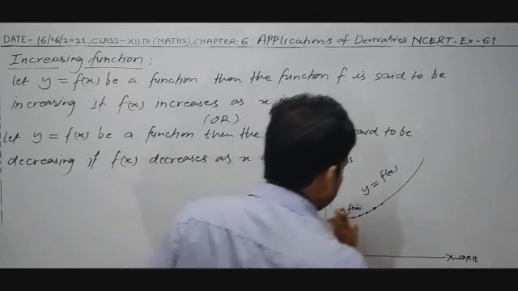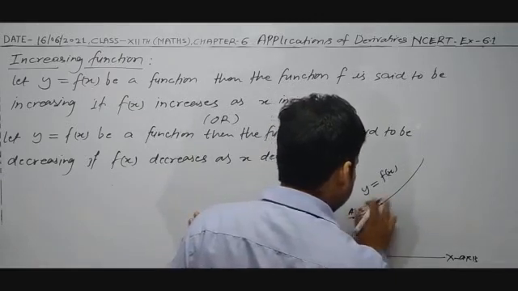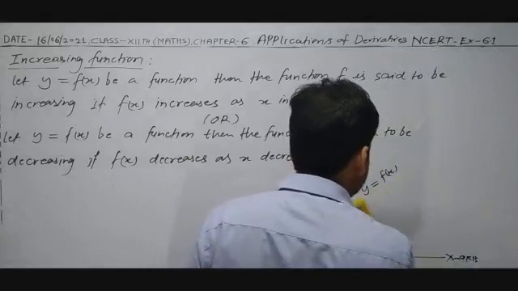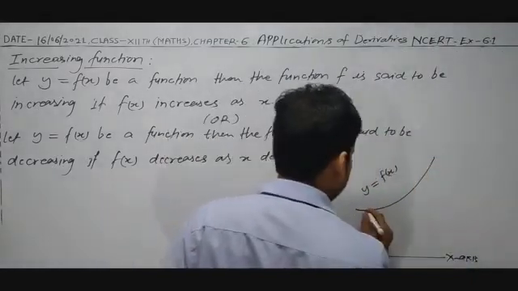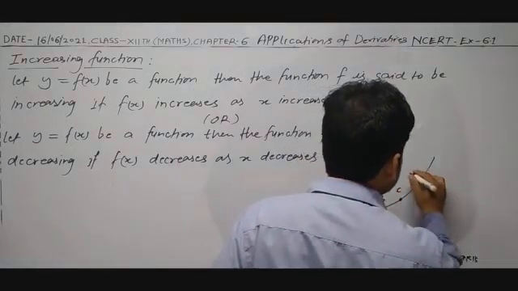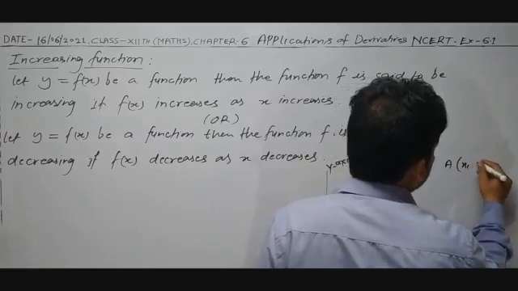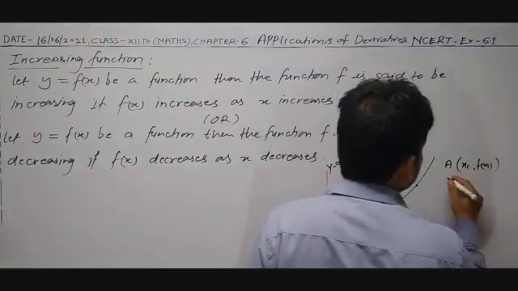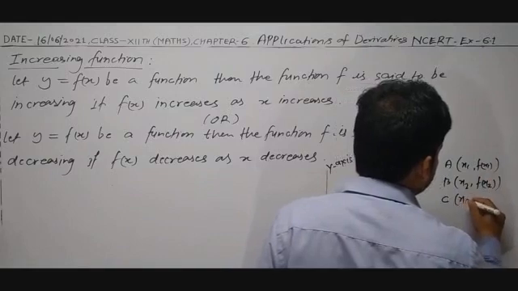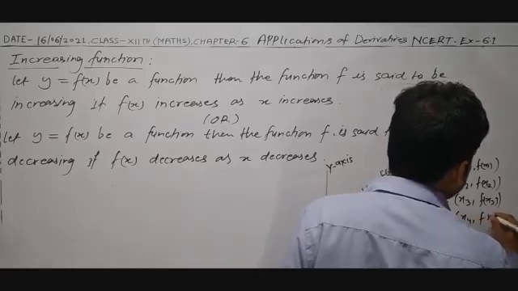Similarly x2. Now you can write A, B, C, D, such that the A point has coordinates x1 comma f of x1, B has coordinates x2 comma f of x2, C has coordinates x3 comma f of x3, D has coordinates x4 comma f of x4.